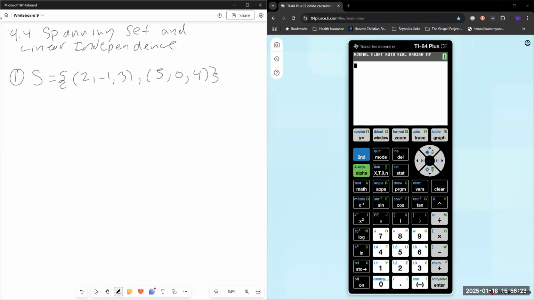We want to see if we can make the vectors that are given to us from this set as linear combinations. So question A is if the vector z equals (-1, -2, 2) can be written as a linear combination of the vectors in S.